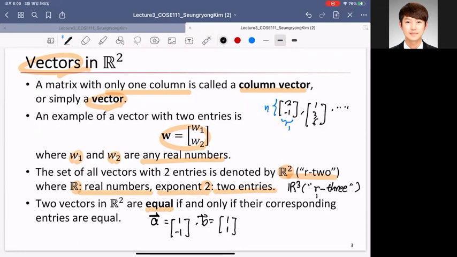Then vector A is not equal to vector B, because the first element was equal but the second element was not. But if vector B consists of 1 and -1, then vector A and vector B are equal. Okay.